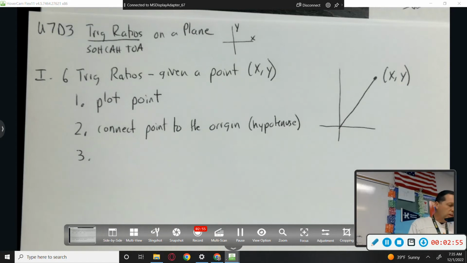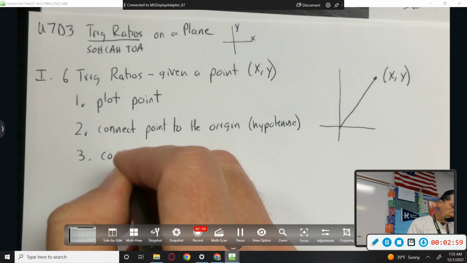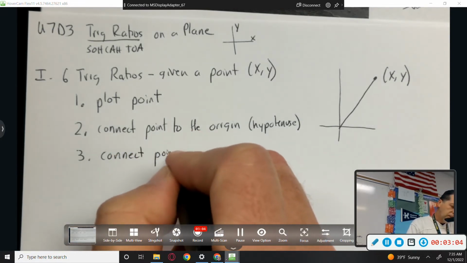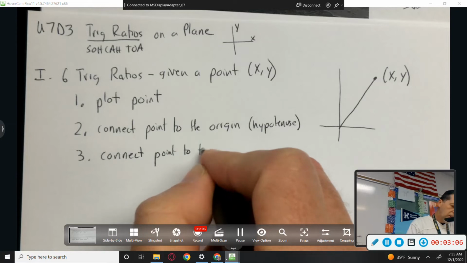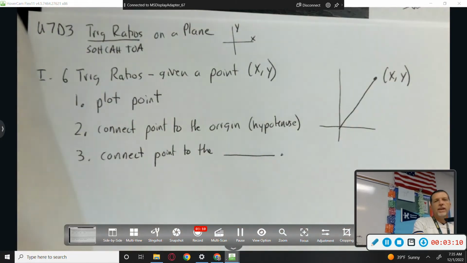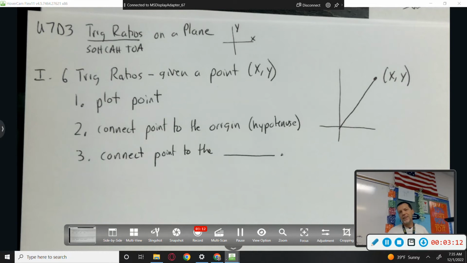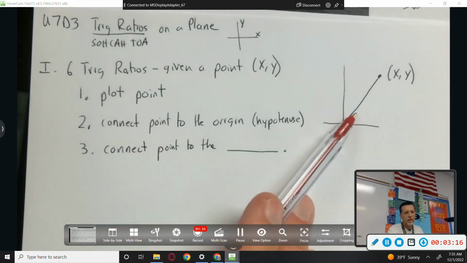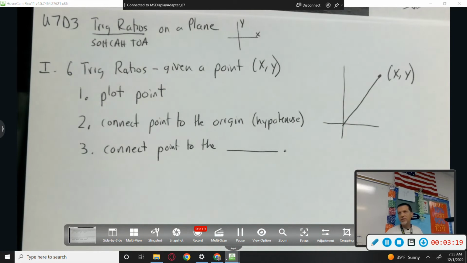The next one is the super important one. Connect the point to the, here's where you got to get it right. Like you probably would plot the point, you'd probably connect it to the origin because that makes the hypotenuse. The next one is really tricky.